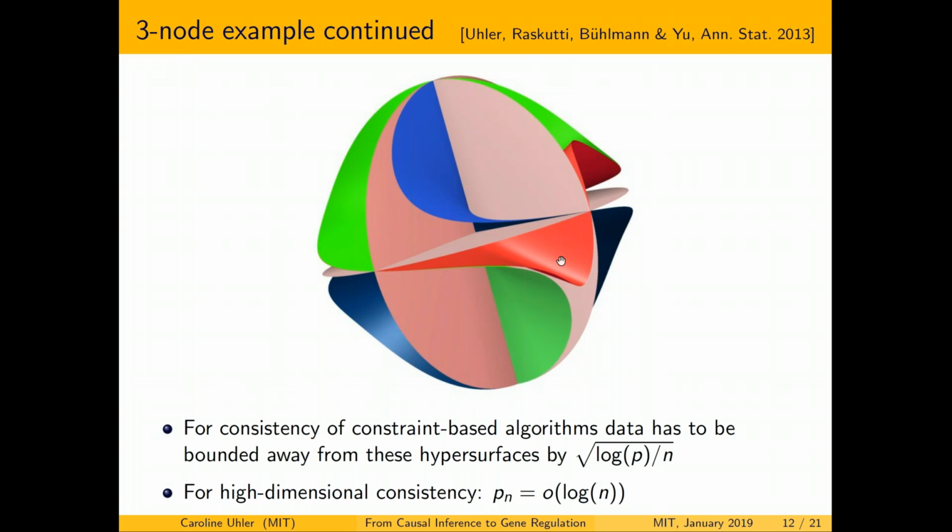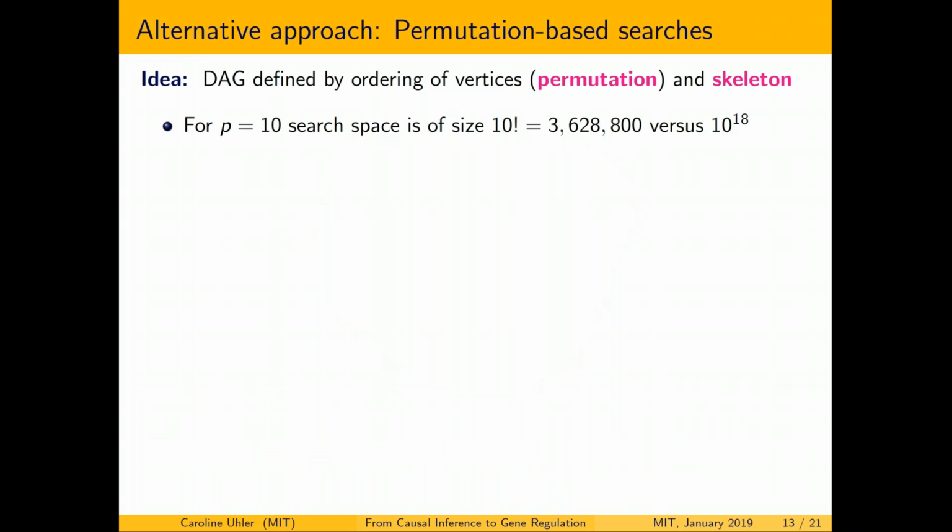And then we had the score-based approaches, which are usually quite slow because of the large search space. So that's somehow where causal inference was. And so we were thinking about how to get around these problems. One way of rethinking causal inference is taking a step back: we want to learn a DAG, a directed acyclic graph.